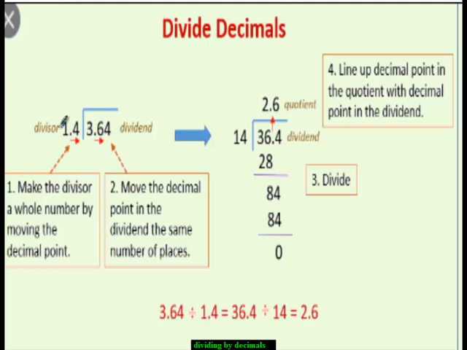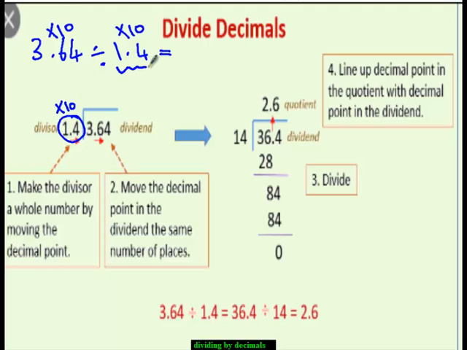Here again, I have the number 3.64 divided by 1.4. What should I do? I have to multiply the divisor by what? By 10 again, and what else? The dividend too. So here by 10 and here by 10 also.